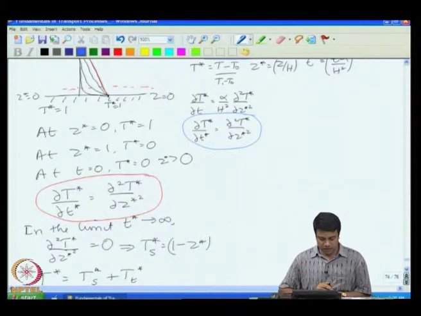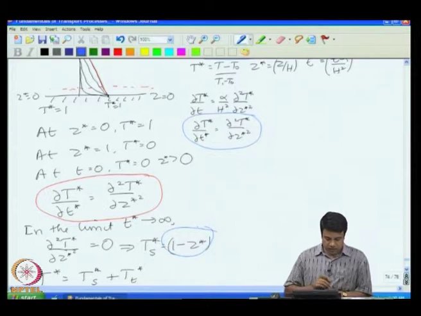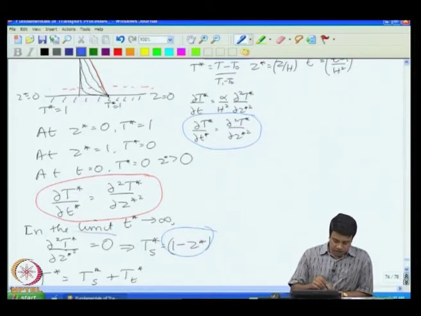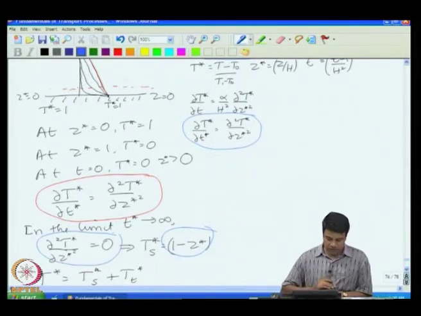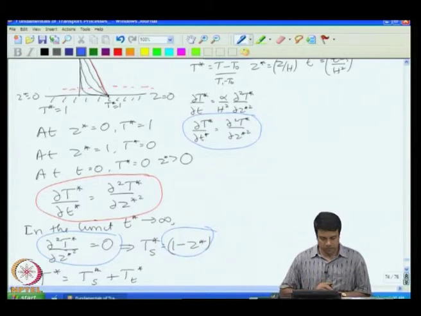That final steady temperature is equal to 1 minus z star, and that satisfies the equation d square t by dz star square equal to 0, with temperature equal to 1 at the bottom and 0 on top. So, in the limit as t goes to infinity, you should reach this final steady state temperature.